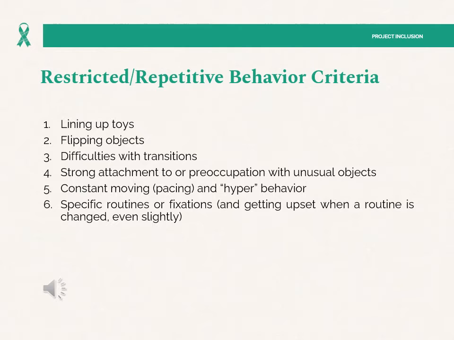First, lining up toys. We may see that these children tend to display most objects or toys in a line, which may have no meaning related to it. But visually, the children like to take that input for their body. This is the very reason they tend to do so. Second is flipping objects.